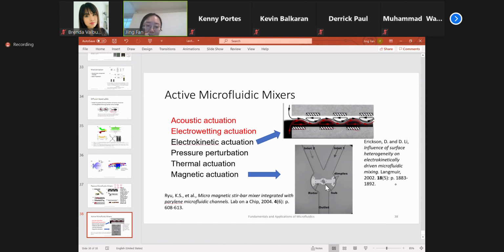The next one is the pressure perturbation. So we know that to run any microfluidic experiment, we need a pump to pump the fluid through the channel, right?